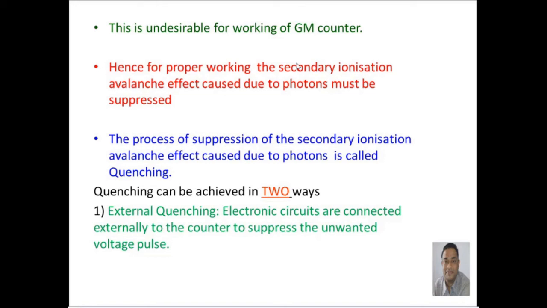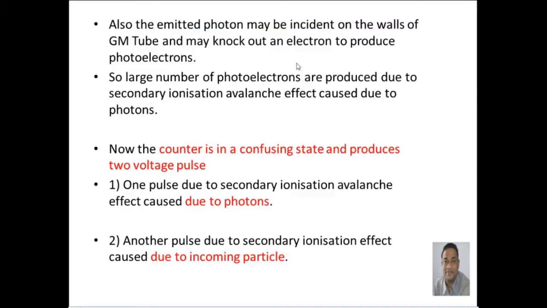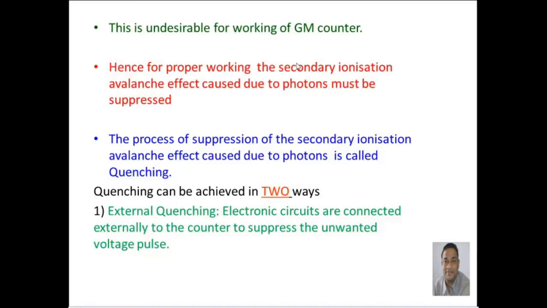Why is it undesirable? Because a particle which is entering the GM tube produces one pulse due to secondary ionization. At the same time, the secondary ionization avalanche effect due to the photons also produces one pulse, which is a false pulse. It is not related to the incoming particle.